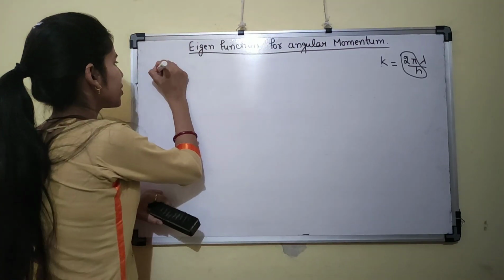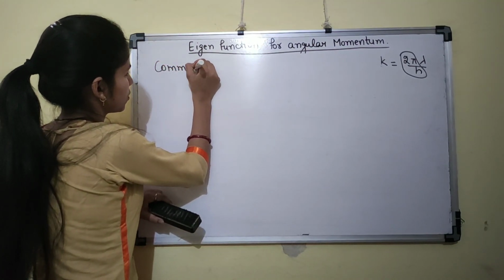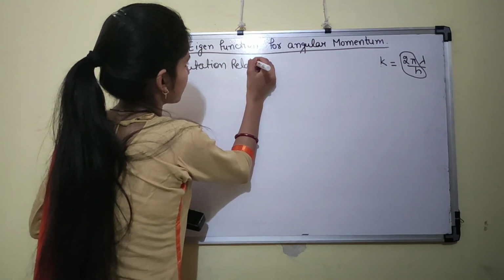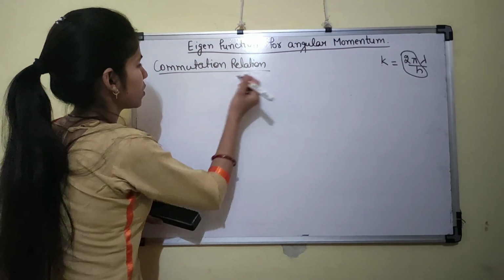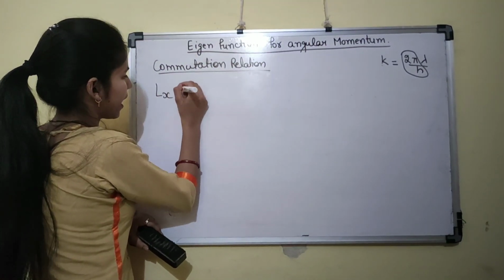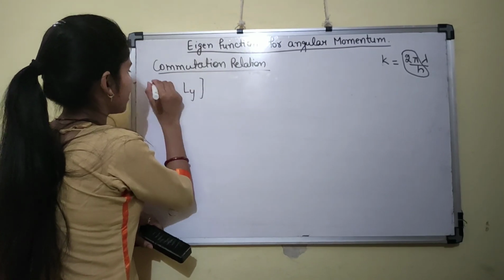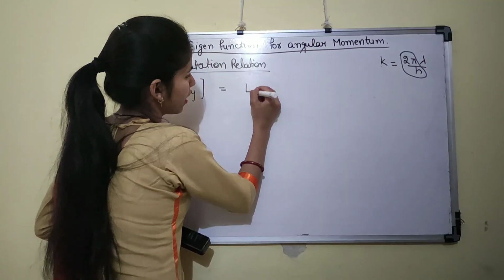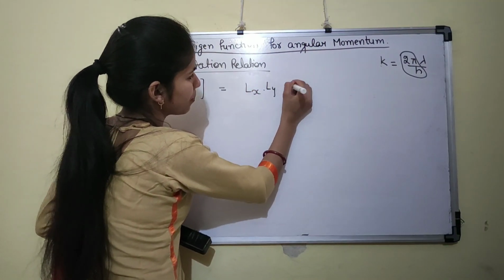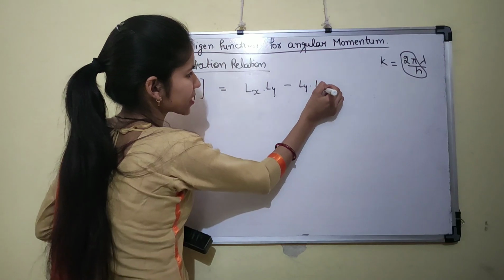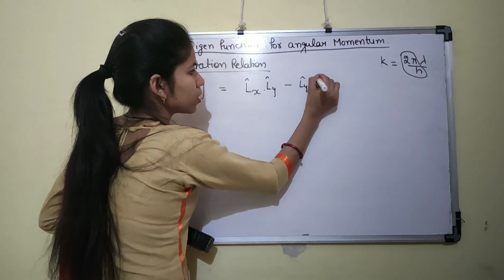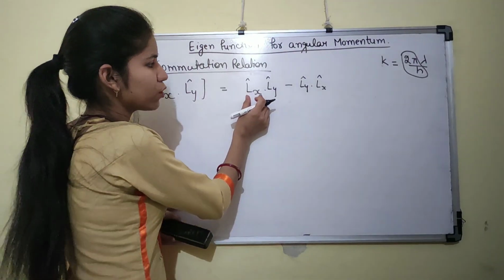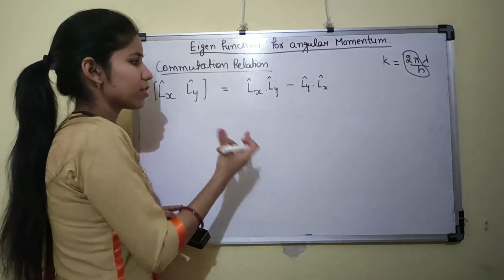Now we study the commutation relation. So for Lx, Ly, this equals Lx into Ly minus Ly into Lx. In our previous video, we studied the values of Lx and Ly. So now put them here.